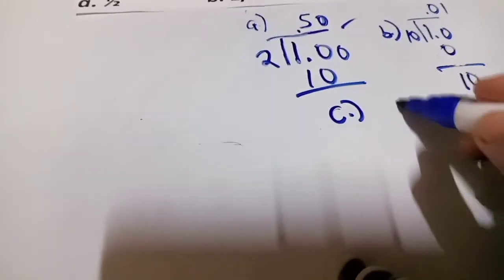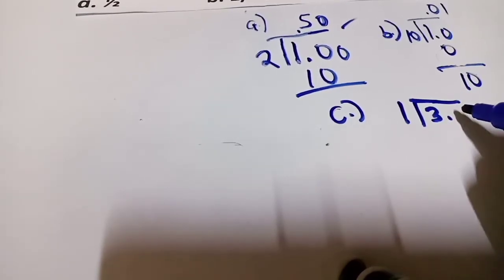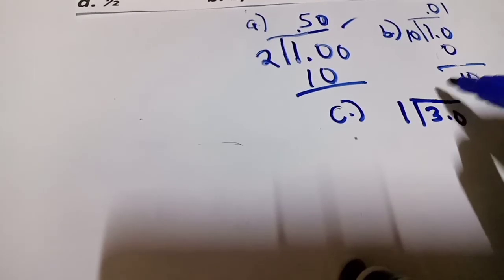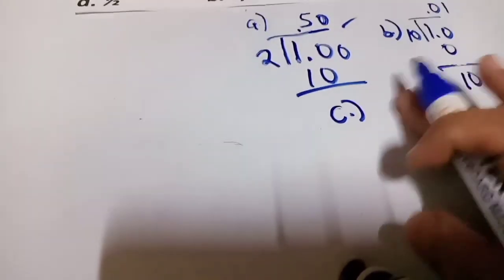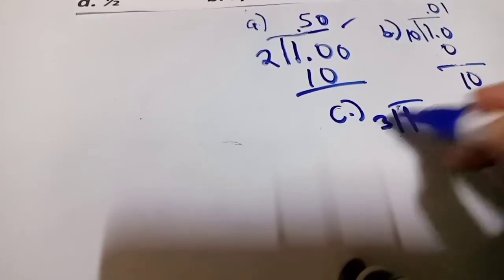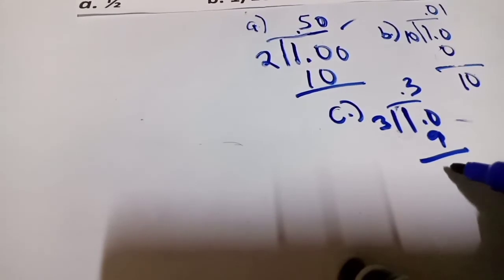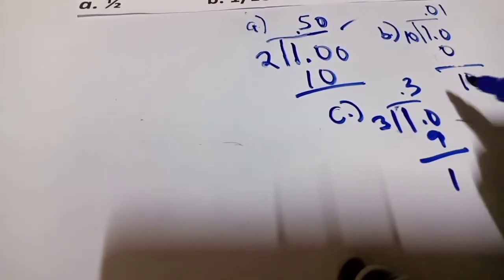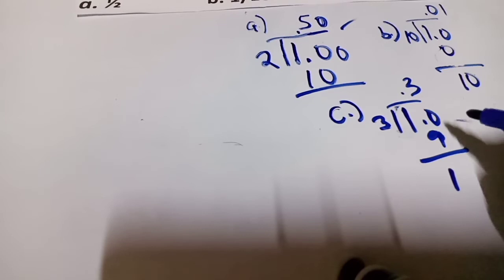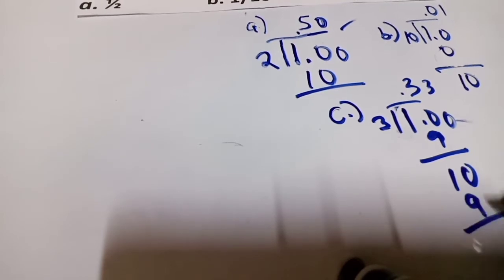So let's have letter C. We have 1 divided by 3, so 0. 10 minus 9 is 1, add 0 again, and the answer is 0.33.